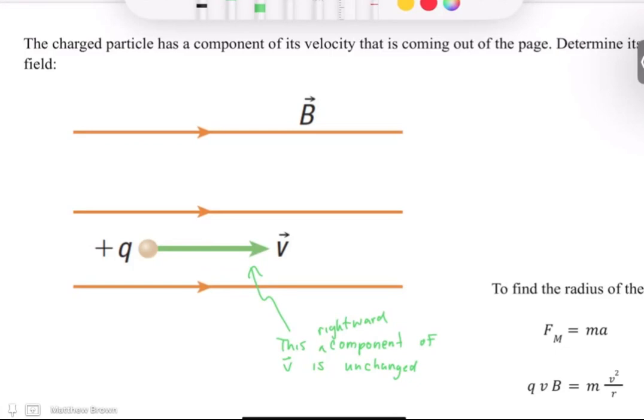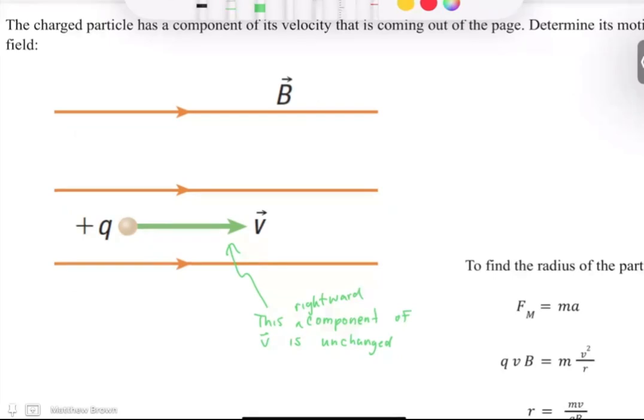If you imagined a velocity that was only coming out of the page, well, the initial force would be up, and you'd be able to basically turn your hand all the way around, go in a circle like that. And so as a result, what we would end up with here, and I'm sorry if I can't draw this really well, is sort of a corkscrew, if you will.